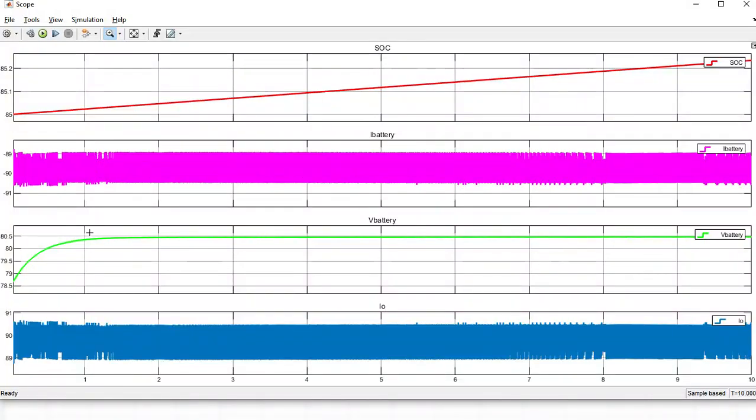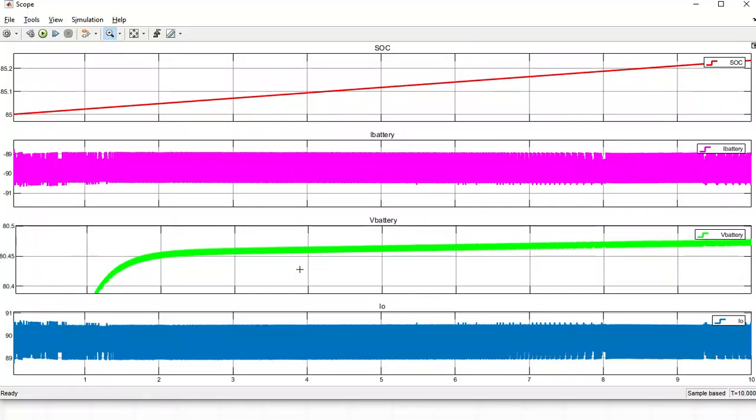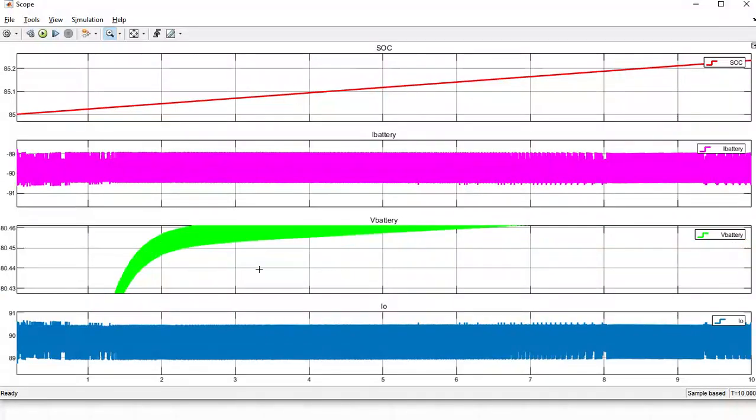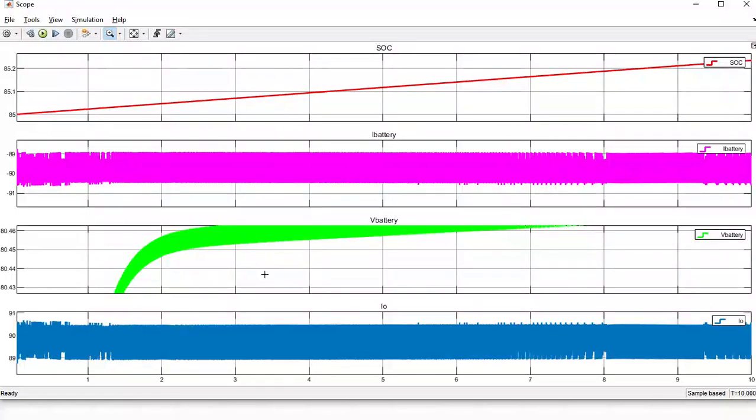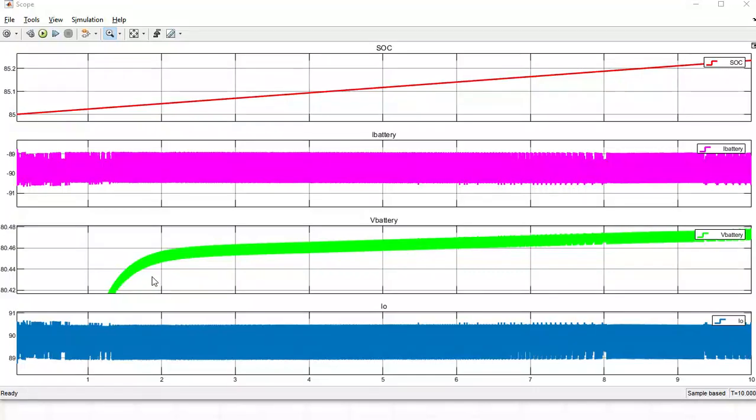Now you can see, sir, battery voltage is also constant I am seeing here, but no, it is not constant. I will zoom it so that you can see it. So you can see here that it is increasing in nature, you see it. Okay, so you can see here that the battery voltage is increasing.